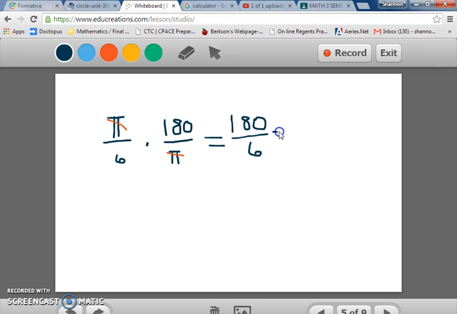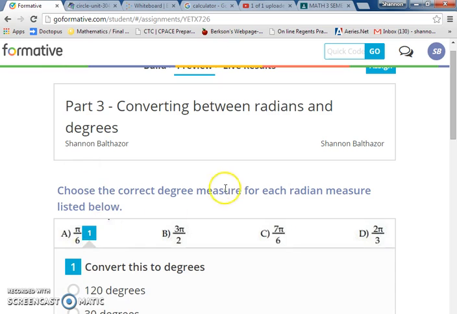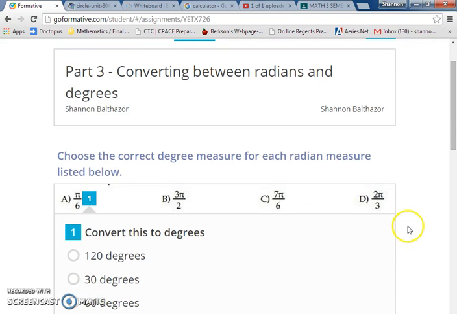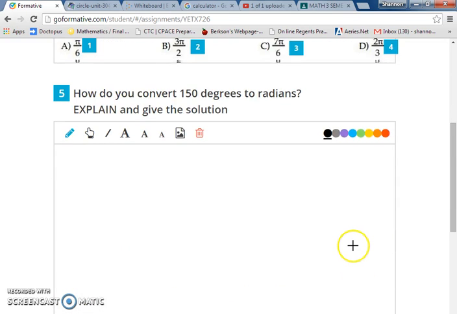And we know 6 is going to go into 180 30 times. You can use your calculator to check. So this is going to become 30 degrees. If we click on the number 1, it gives us options to choose from, and we can choose 30 degrees and hit done.